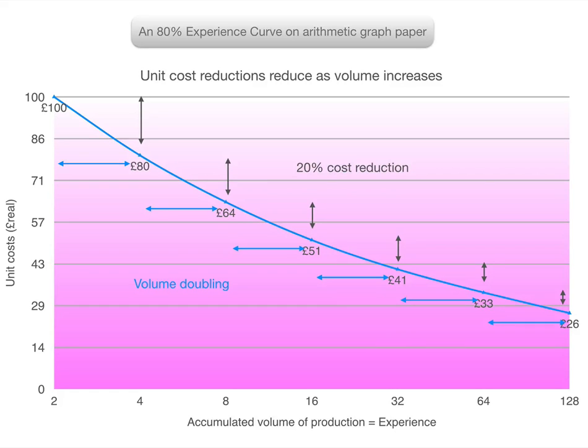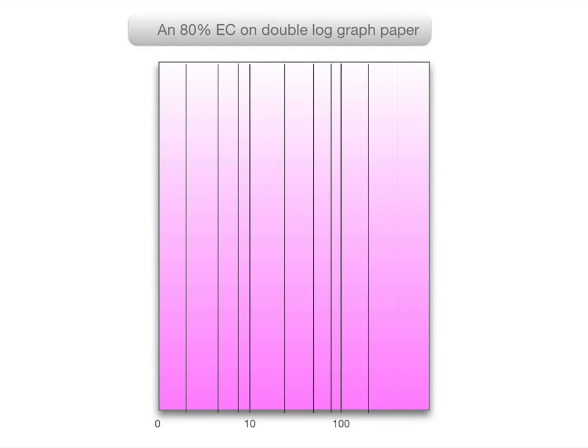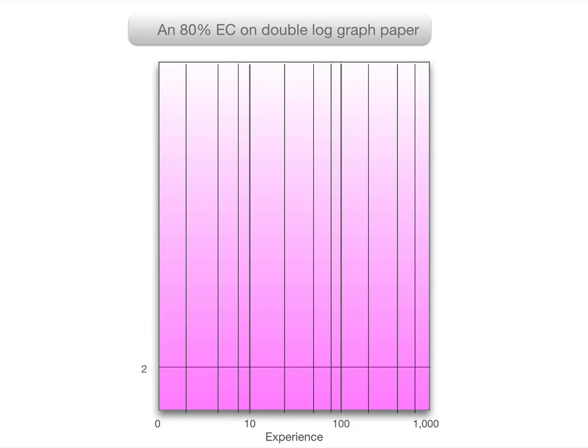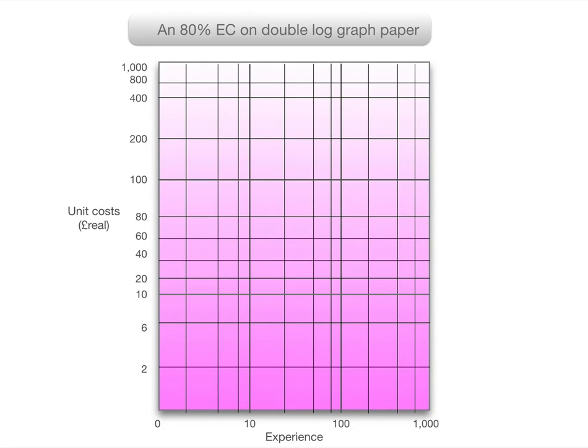Now, it is the case that arithmetic graphs are less easy to read than log-log graphs. So here is an 80% experience curve on double log graph paper. Here we have at the bottom the experience, which of course is the accumulated volume of production, and here we have the unit costs, and that's in real currency, and here we have an 80% experience curve.